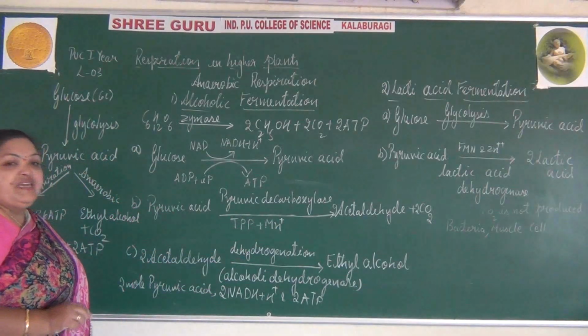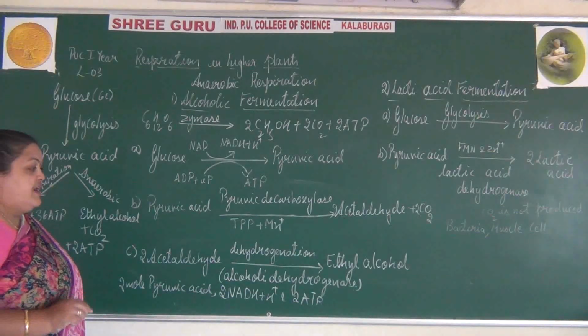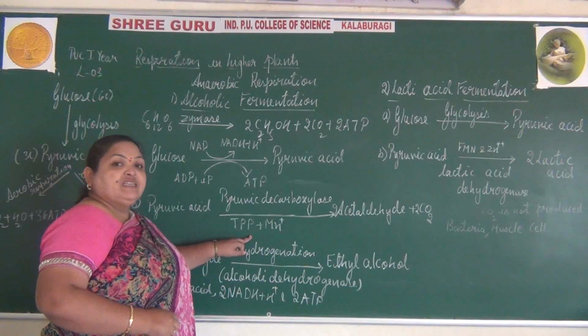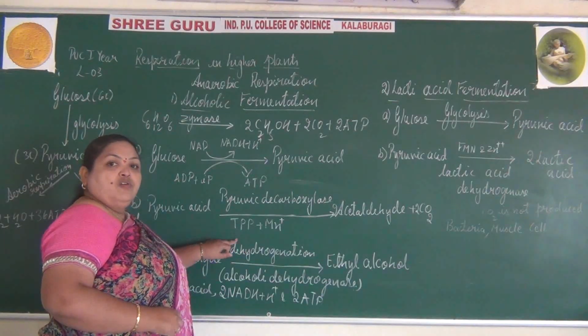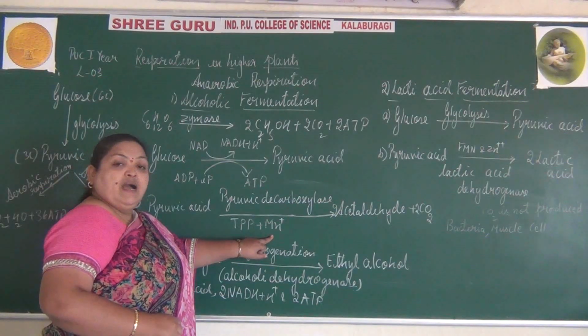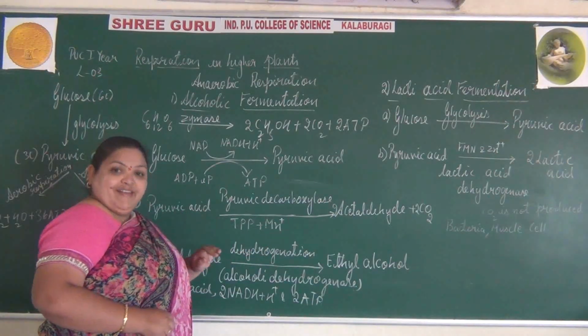This enzyme takes the help of TPP, that is thiamine pyrophosphate, and the Mn2+ ions to carry out the reactions.